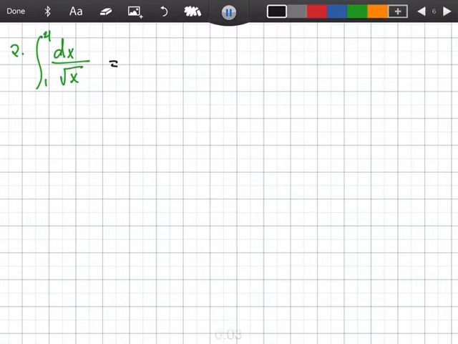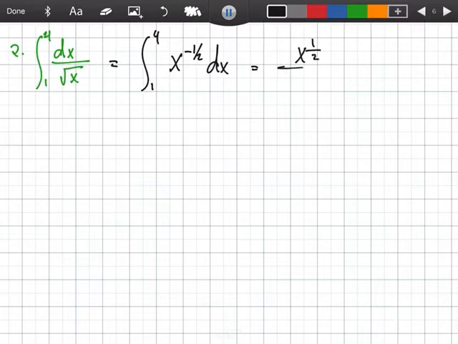Nasa form siya ng x raised to negative 1/2 dx. So, ang integral ng x raised to negative 1/2 dx is x raised to 1/2 over 1/2. Tama?